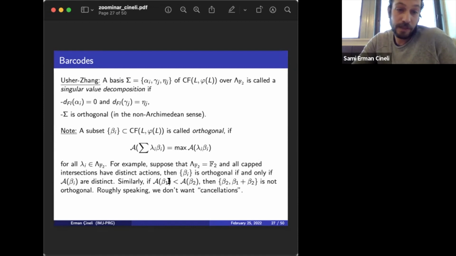Or similarly, let's take two members of the complex. If the action of beta 1 is strictly less than the action of beta 2, then beta 2, beta 1 plus beta 2 is not orthogonal. When you sum these two, the action strictly decreases. So roughly speaking, we don't want cancellations when we take the linear combination.